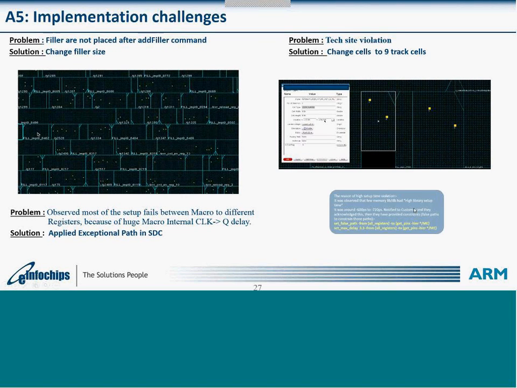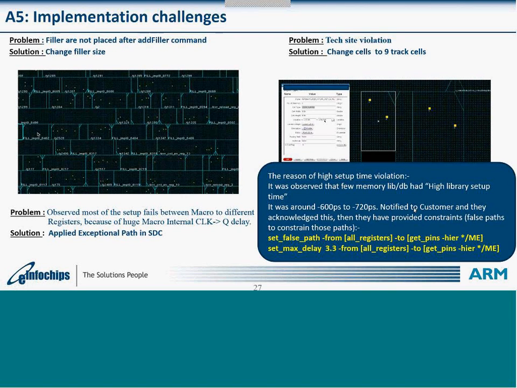The other challenge is that we had a lot of timing failures, especially on the MEM2 reg path. We looked at it and could see that it was because of the huge access time of the macros. We debugged it further and could see that for some memories, on the MEM2 clock to Q path, basically on the ME ports, the numbers from the dot lib were wrong.